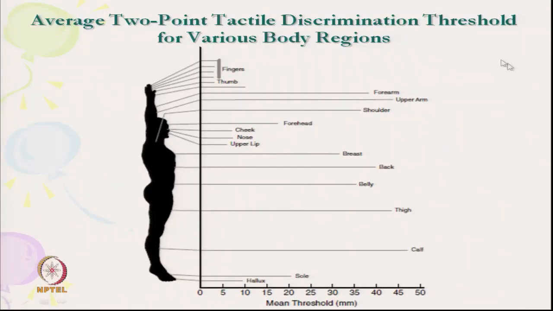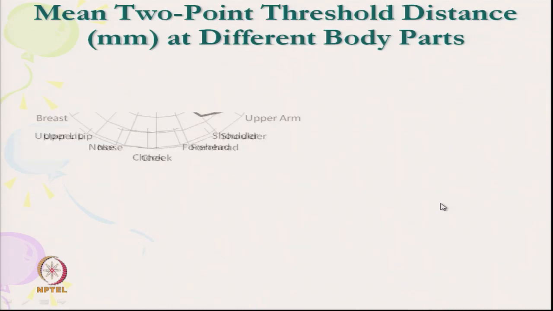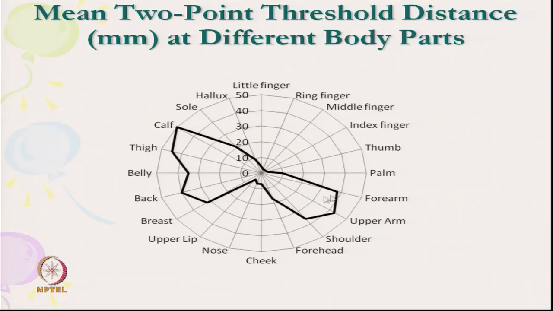At the finger it is very low, around 2.5 millimeter, and at the calf or thigh region it is very high. So, this is the lowest zone, the highest zone, and these are the data curves taken from the same data.